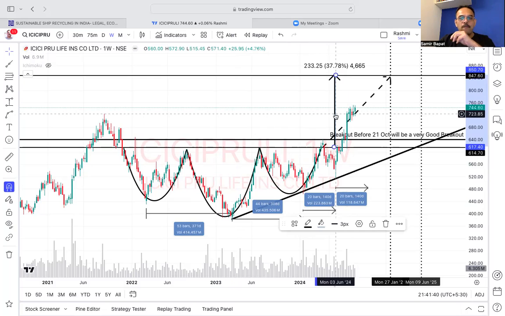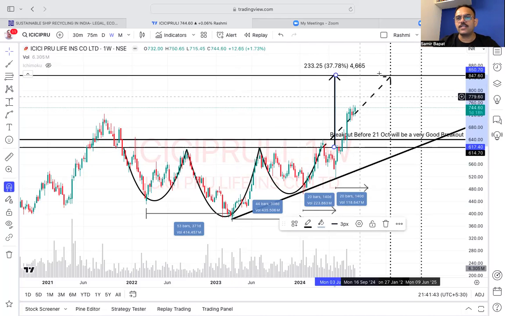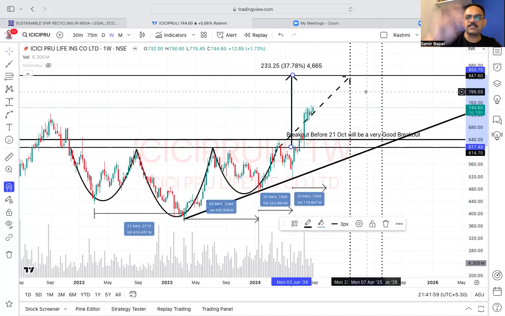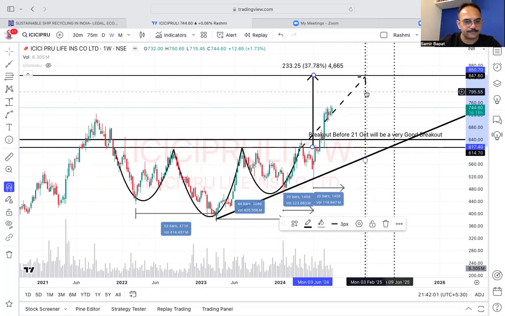From the breakout, ICICI Prudential is likely to reach till 847. That is a 37% increase from the neckline. So right now it has traveled 50%. Maybe in another 1 or 2 months, it is likely to reach its target.